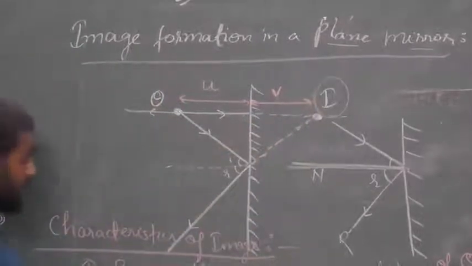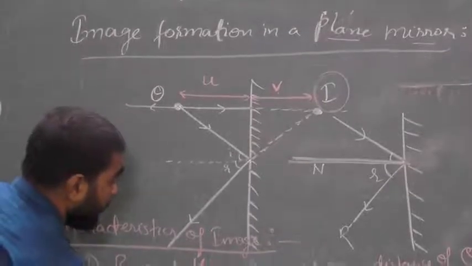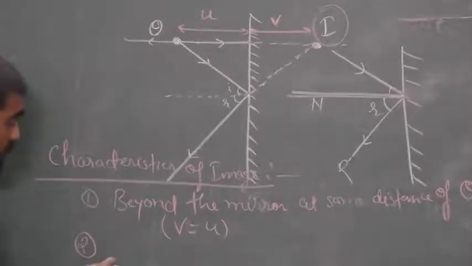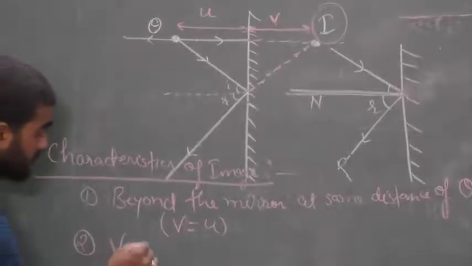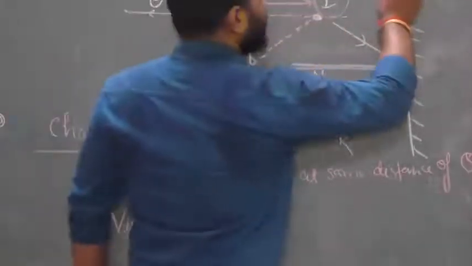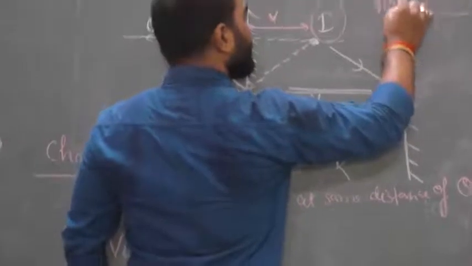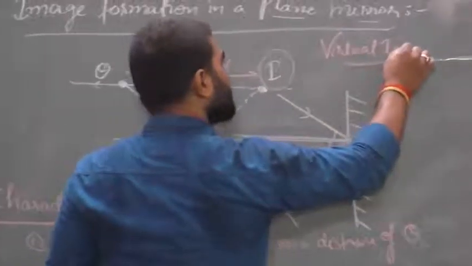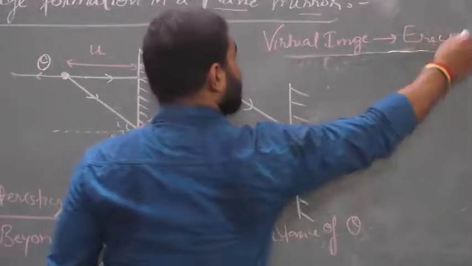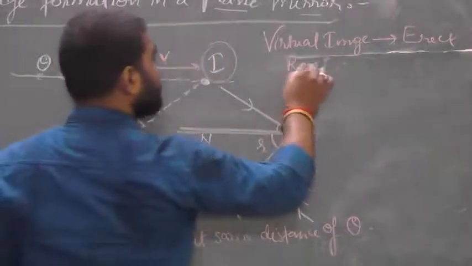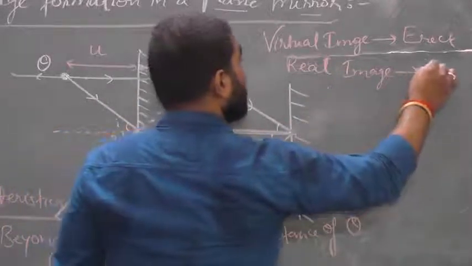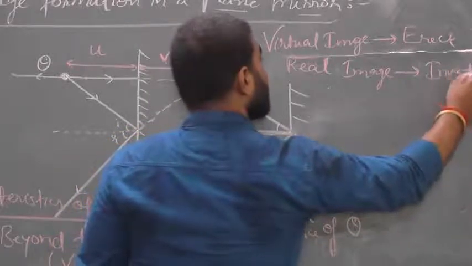So here the image is forming beyond the mirror and its nature will be virtual. One more thing I want to clarify: a virtual image will always be erect, and a real image will always be inverted.